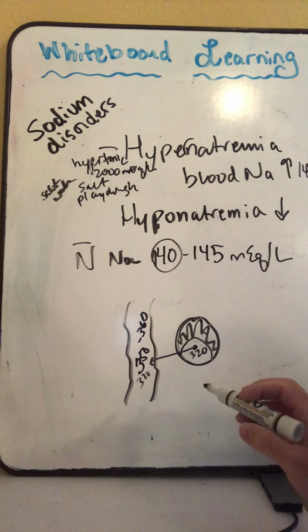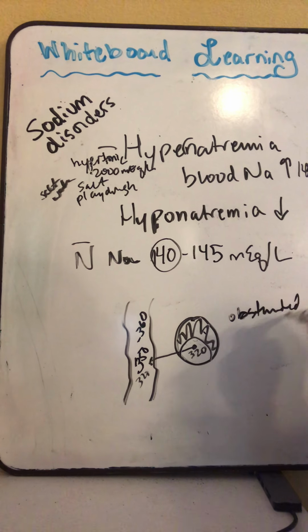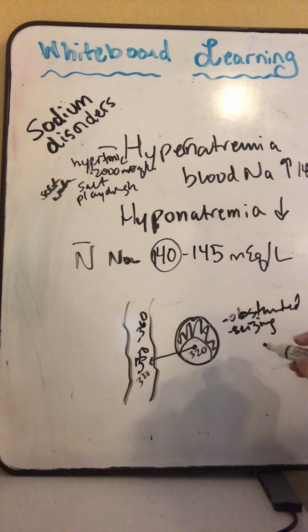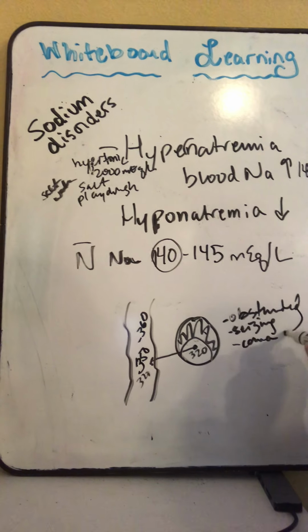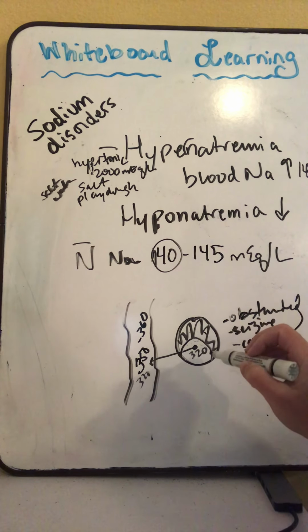So now you have a patient who will be obtunded or seizing, or maybe in a coma as well, which is kind of obtunded but worse, or dead, because they'll have all this bleeding.